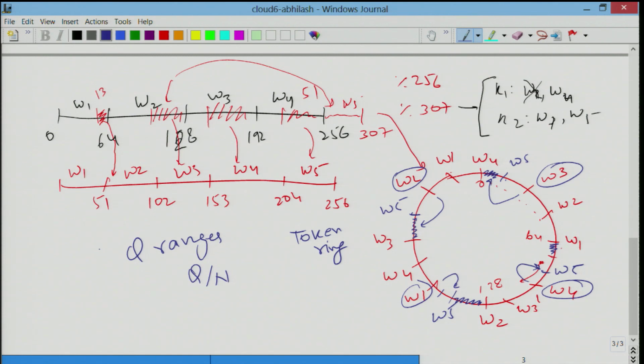And the worst case routing table that we have is always O of Q, where Q is bigger than N. Okay, any questions? So we have figured out where the keys are in a decentralized manner. Not fully figured out where the keys are, but we have figured out how to place the keys in a load balanced manner.